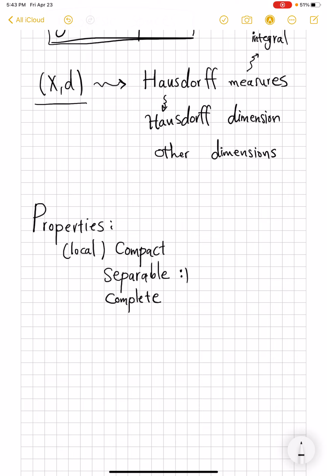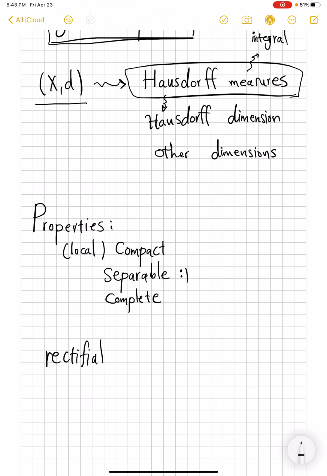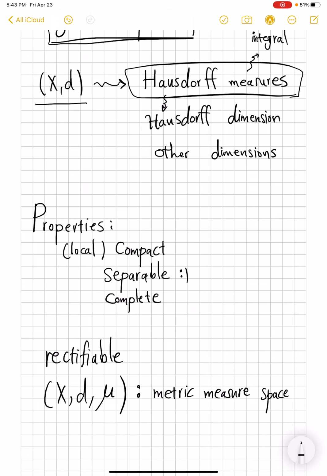But once we begin our treatment of Hausdorff measures, we will follow by notions of rectifiable spaces, and later we will add a measure to our space. So we will have a metric space plus a measure on our space, and these are called metric measure spaces, which is just another beautiful universe of objects with a lot of analysis.